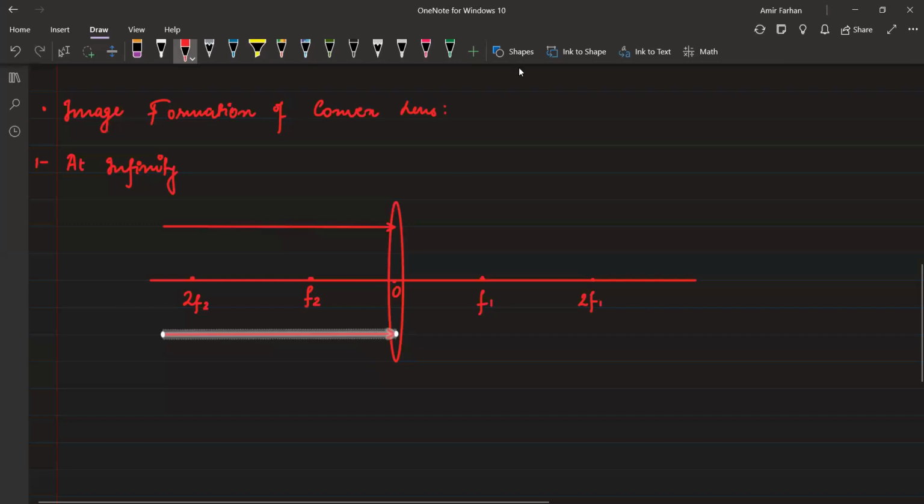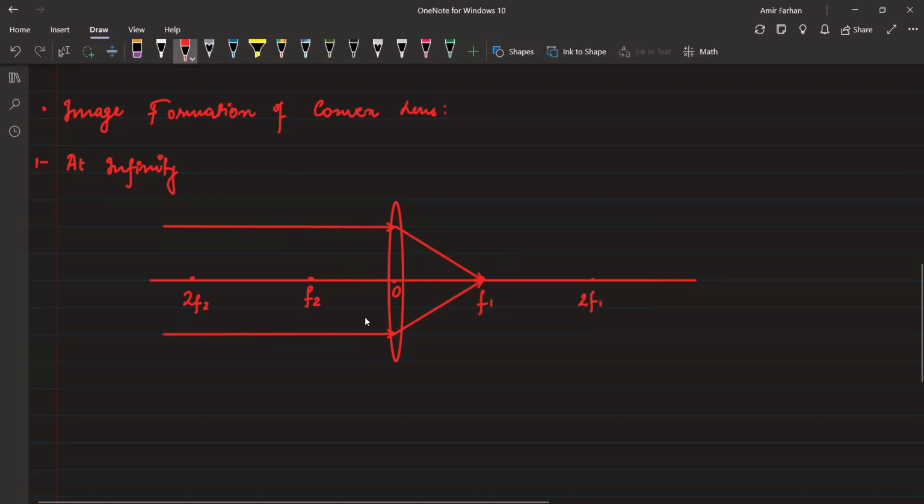And it will refract. As you can see, is this clear to all of you that light is getting refracted at the focus?